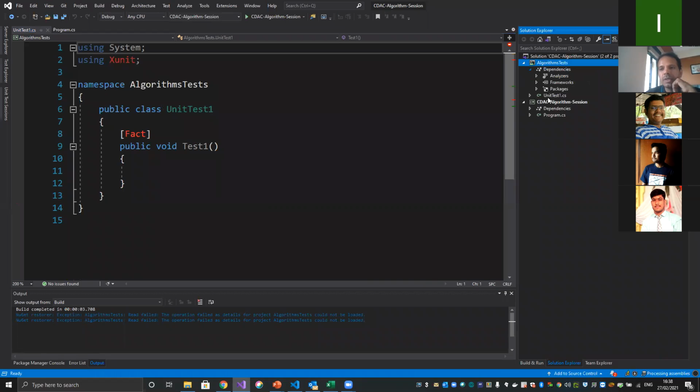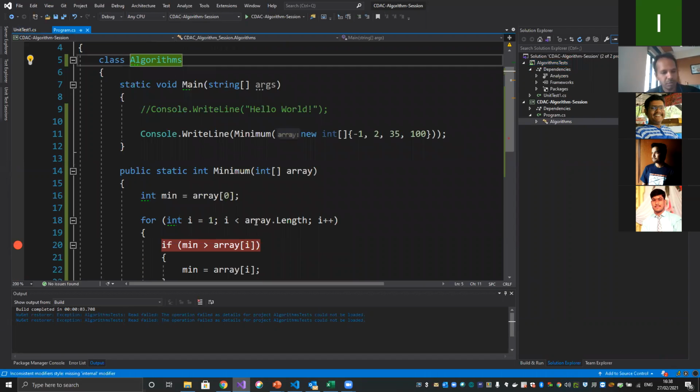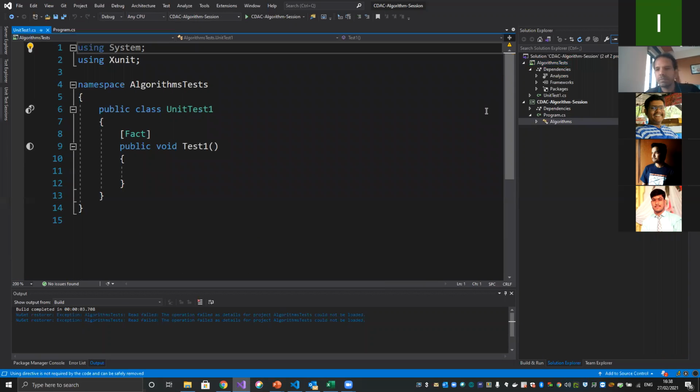I'm demonstrating a principle. Obviously, it probably is an overkill for an algorithm that we just wrote, this minimum algorithm. But what I'm trying to demonstrate is a principle of test-driven development, how you develop your code using TDD style. So you write the tests and then you check your code and then you improve your code against those tests.